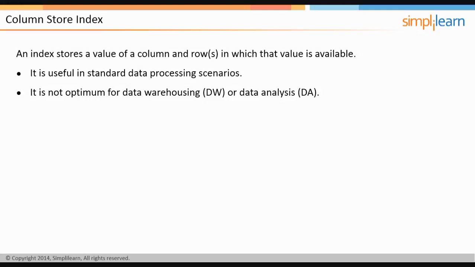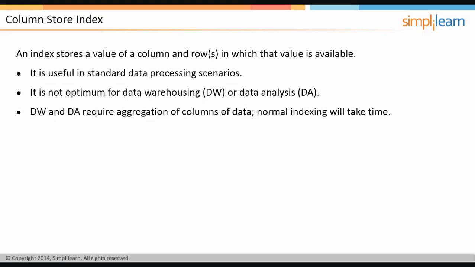Standard indexing is not optimized for the kind of queries and processing that happen in them. Data warehousing and analysis work on the concept of aggregation of a number of columns at the same time. Due to this, using normal indexing on these will actually slow down the processing.